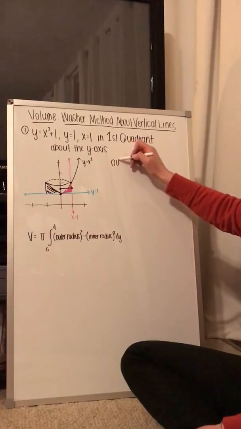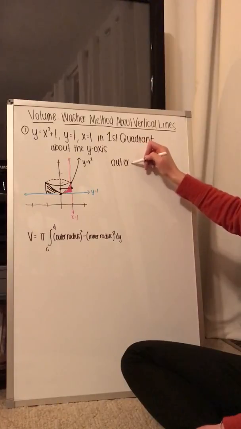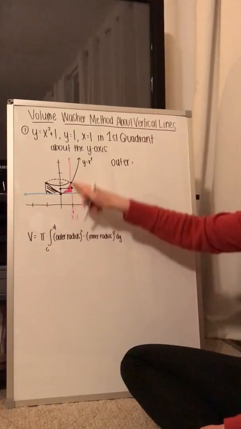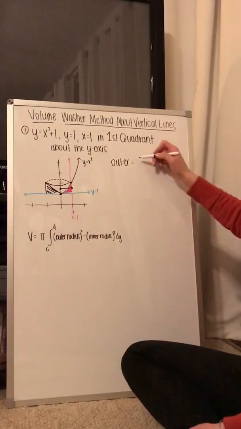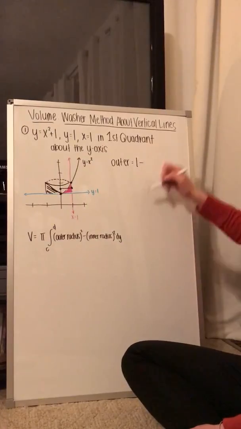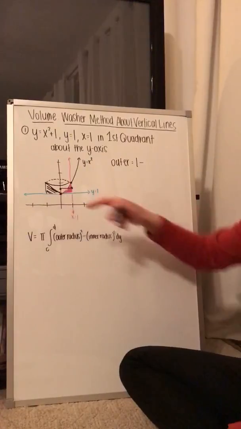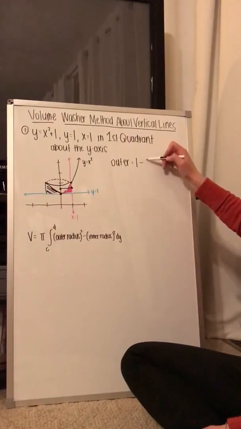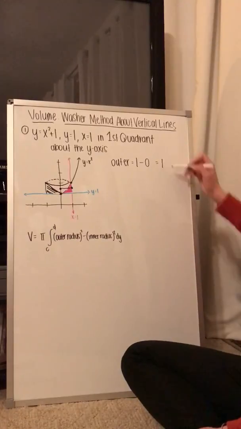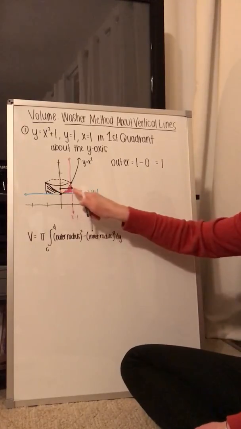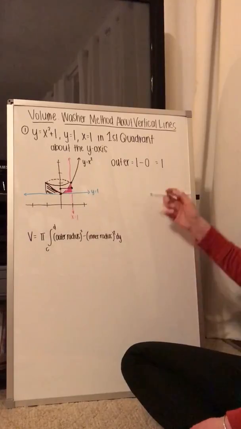So my outer radius in terms of x's is this x value of 1, the rightmost point we're starting at, and I subtract the innermost x value, which is just 0 since we're rotating about the y-axis. So our outer radius ends up being 1, and we can see that we're 1 unit away from the y-axis.